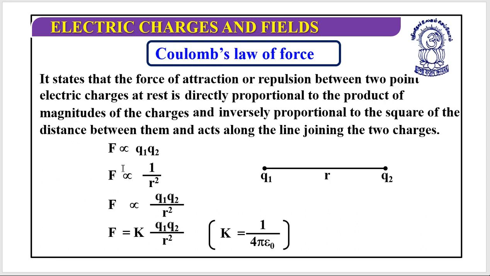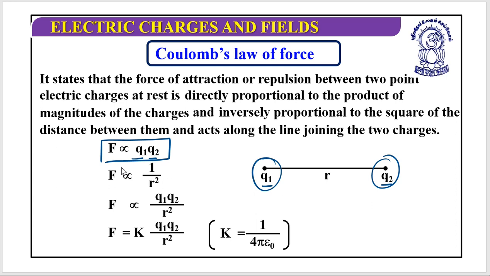Let's say this is charge q1 and this is charge q2. If a certain force is available between them, this force first depends on the product of these two charges. It is directly proportional to the product, F proportional to q1 q2.